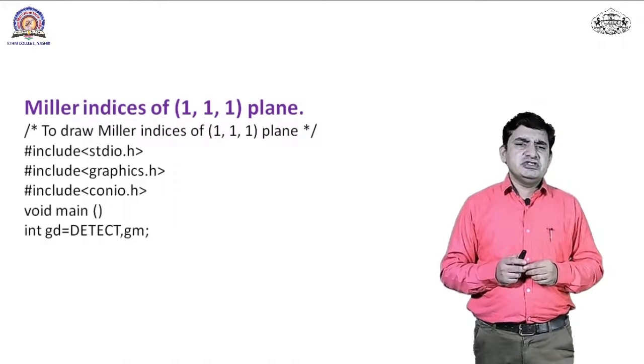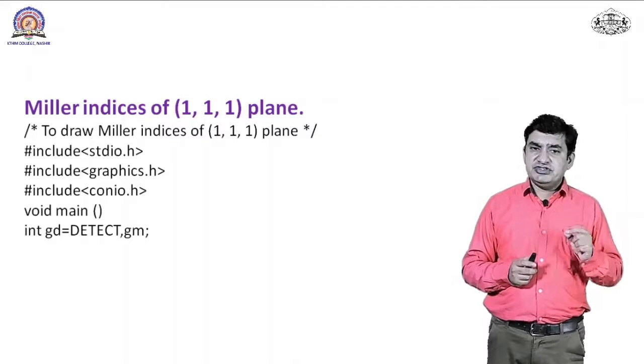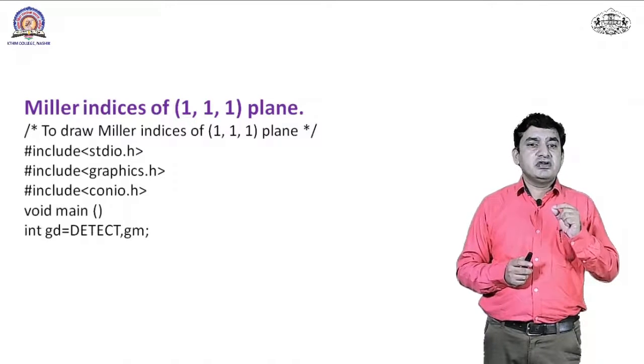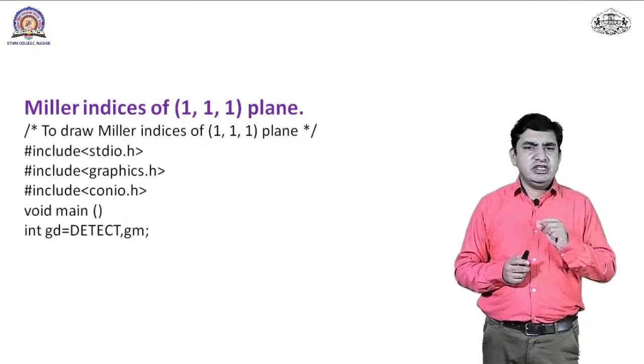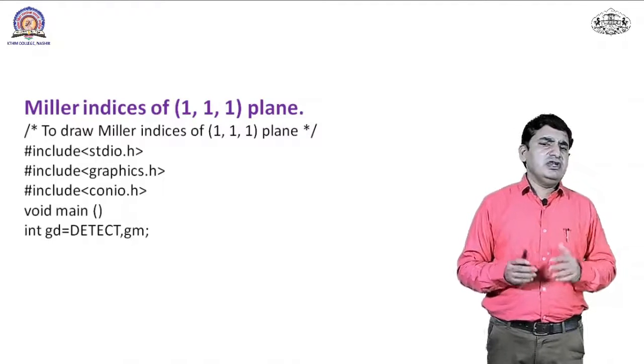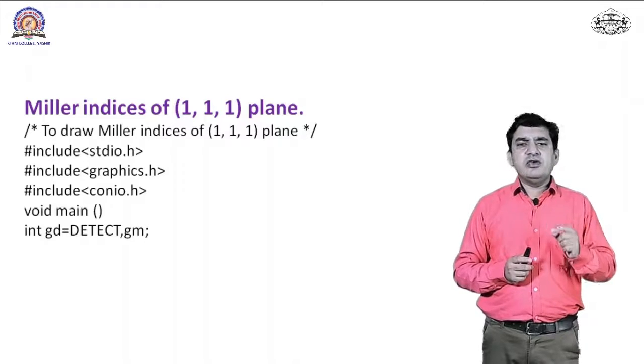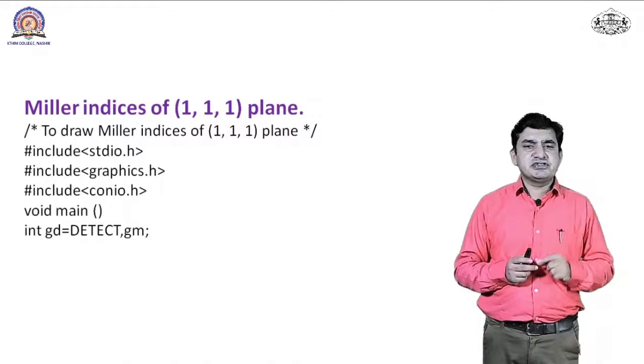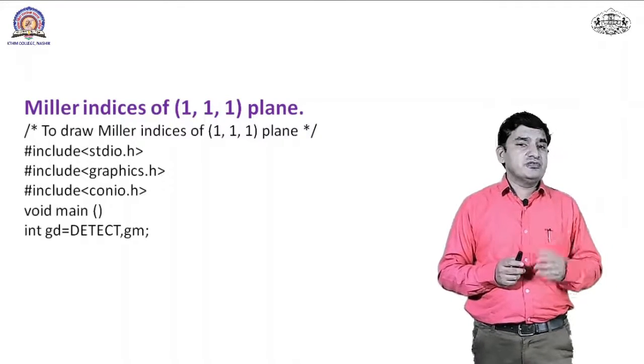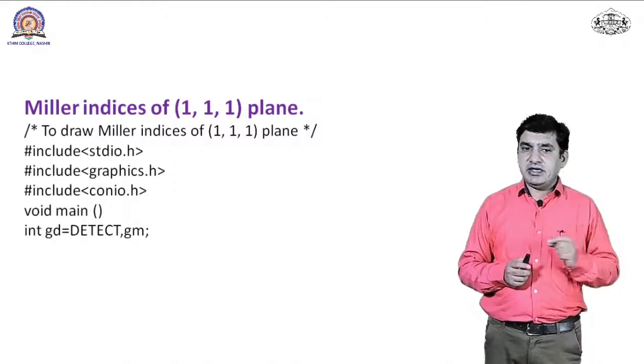Then integer gd is equal to DETECT, gd means graphics driver. The numerical value of DETECT is 0, and the numerical value of gd, that is graphics driver and graphics mode, is the same.